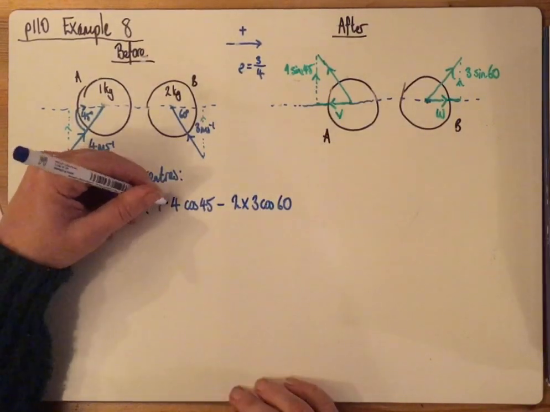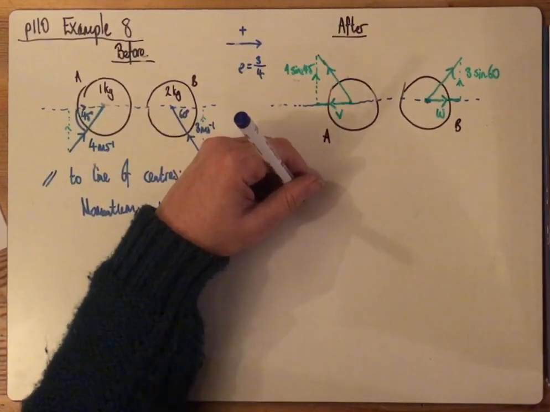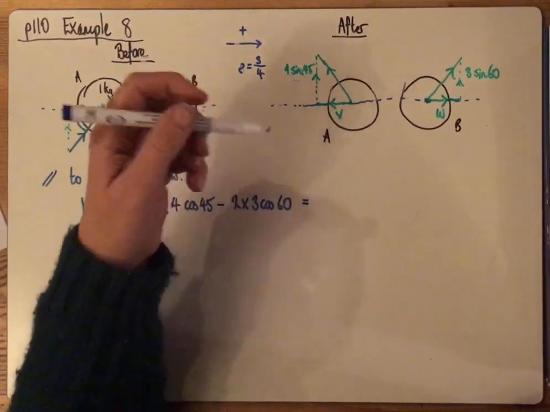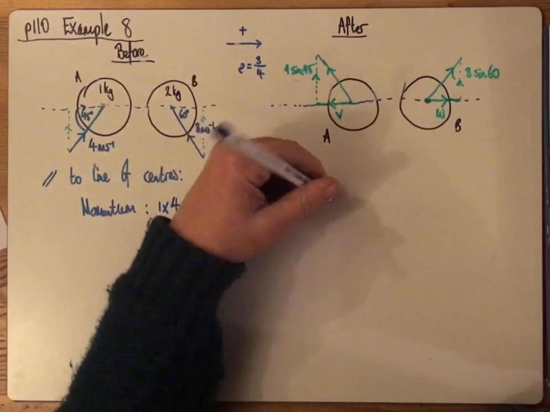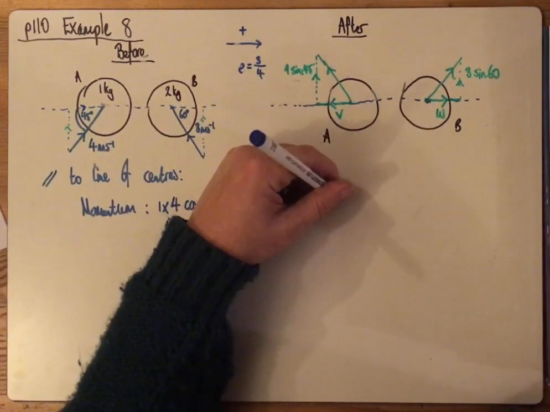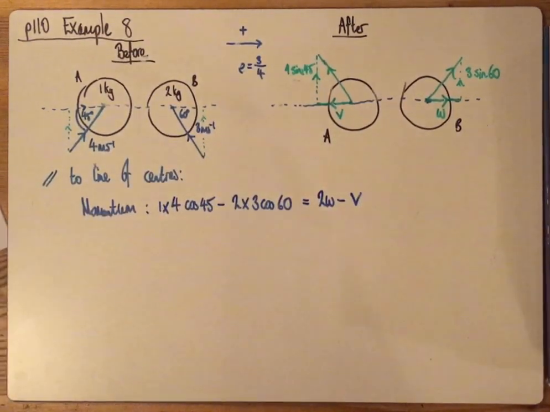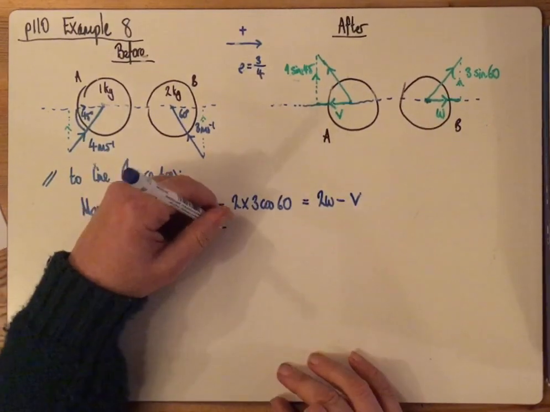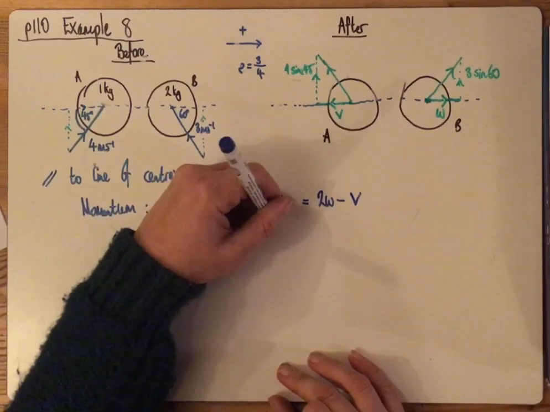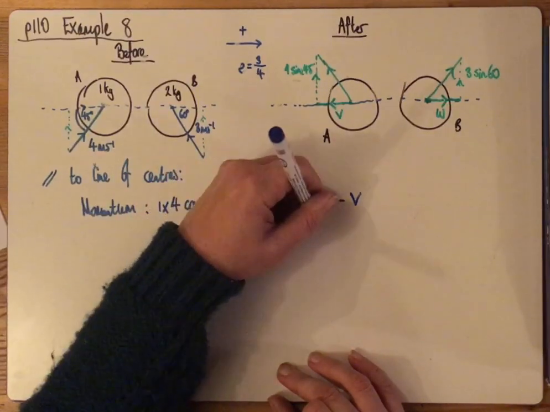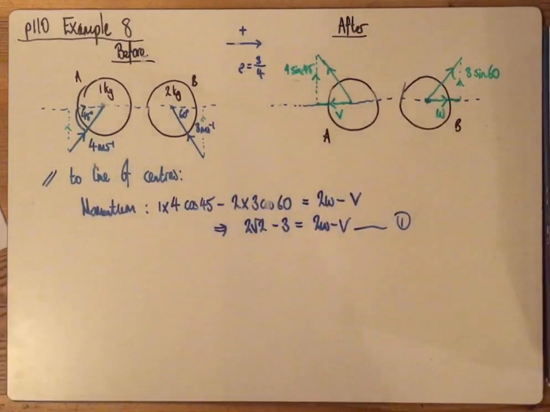I could have put a 1 times there, I just didn't bother because it's 1 kilogram. And then afterwards, that's equal to, so we've got this going positive, and that's mass 2 kilograms, 2W, and then minus V, because that's going in the negative direction. And so from there, 2 root 2 minus 3 is equal to 2W minus V. So that's our first equation.